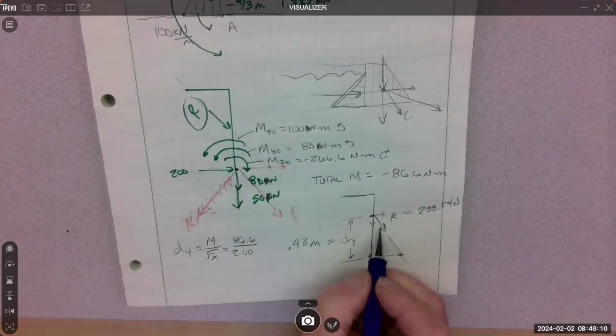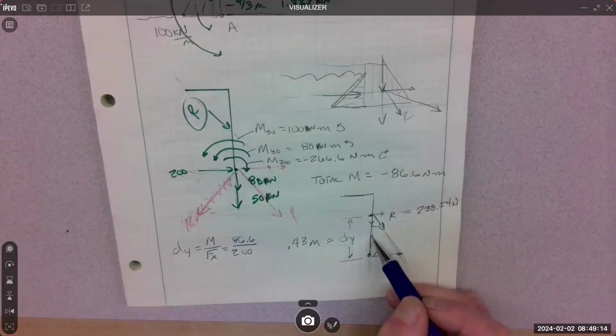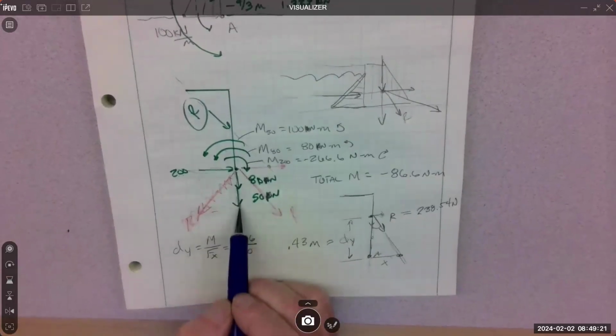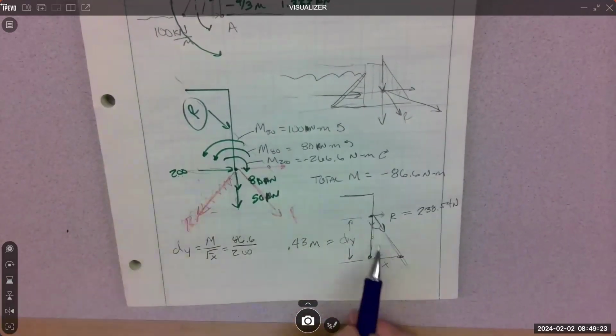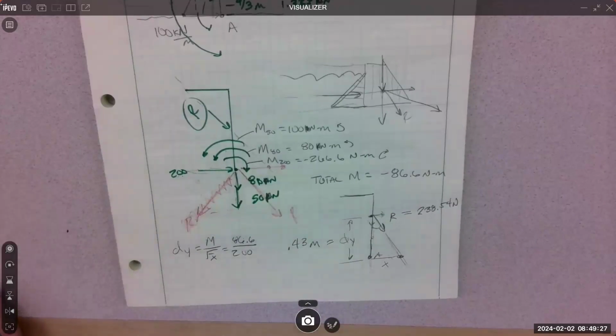So I can get this angle just by doing the arctangent of x over y. X is 200, y is 130. So arctangent gives 56.976.